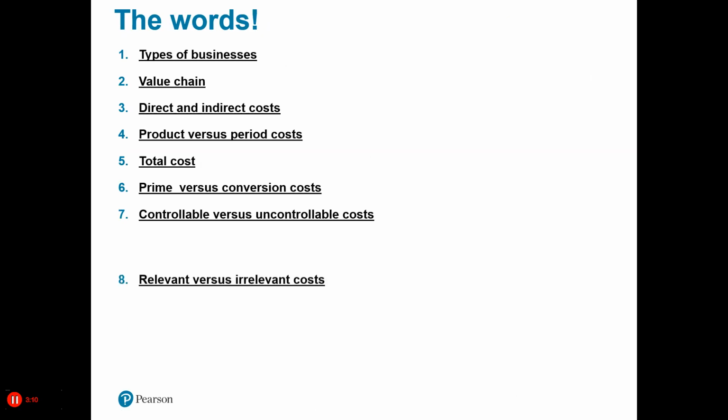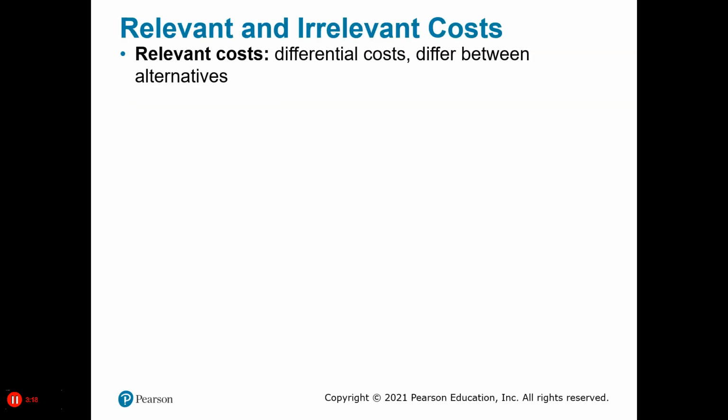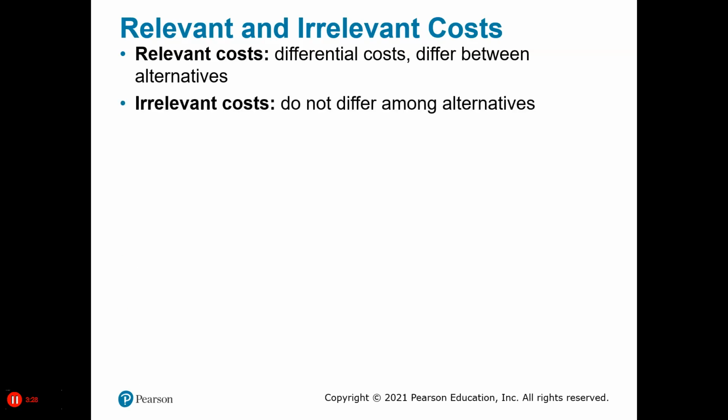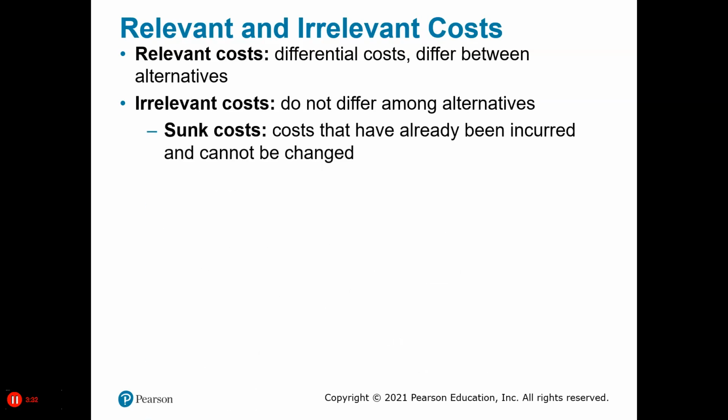Now we're going to talk about relevant versus irrelevant. This is always important when you're trying to decide to do something, and it's a mistake a lot of people make. Relevant costs are only the costs that change based on the alternatives. Irrelevant costs do not differ among the alternatives. Some costs have already been incurred and cannot be changed.